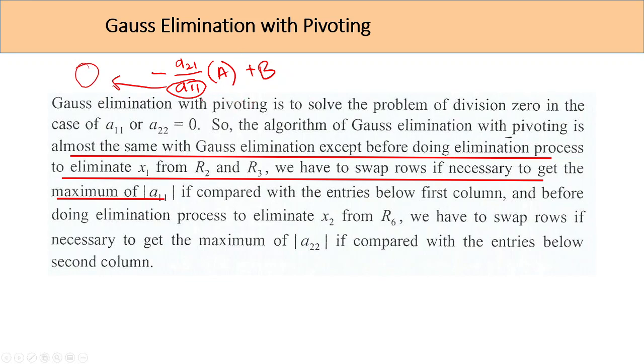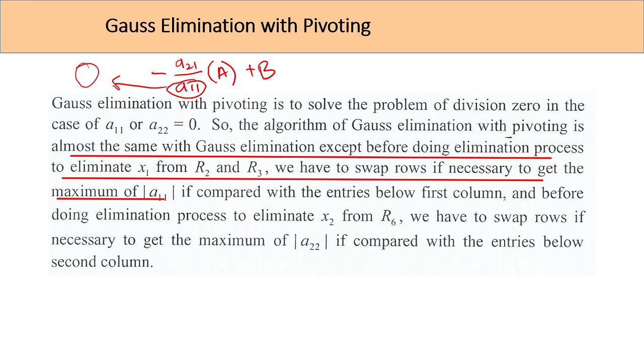It becomes infinity. So in this method we try to sort the equations first, deciding which one will be at the upper side, so that we can avoid the infinity problem. Division by 0 becomes infinity, and we want to avoid this kind of thing.